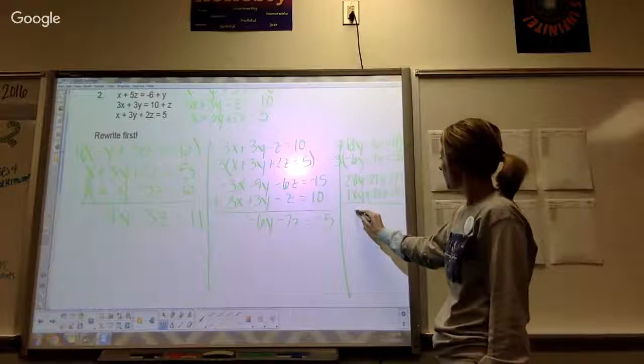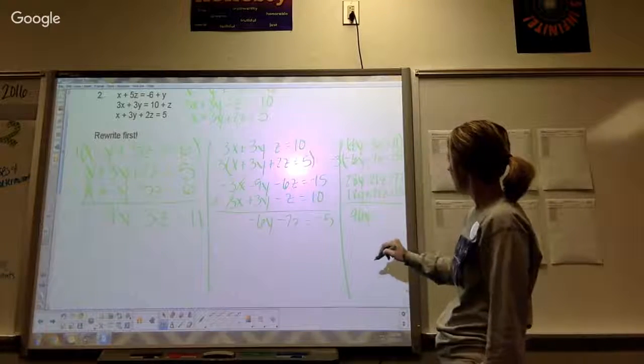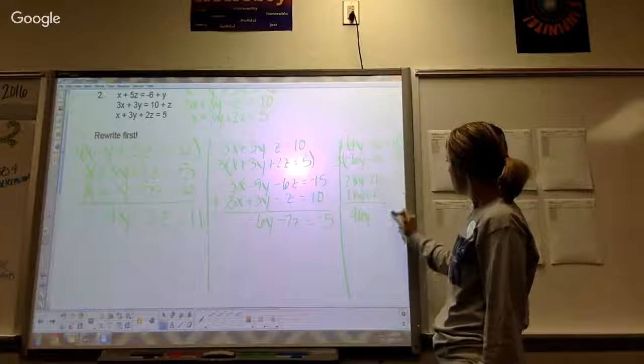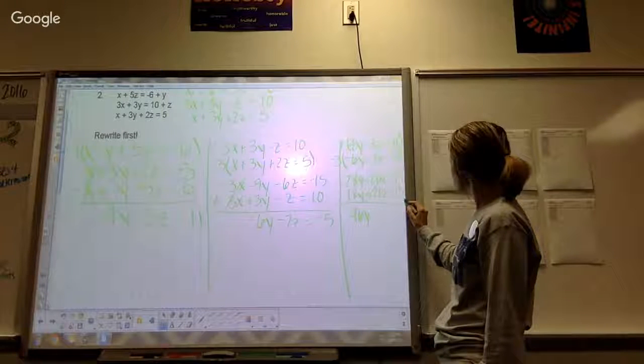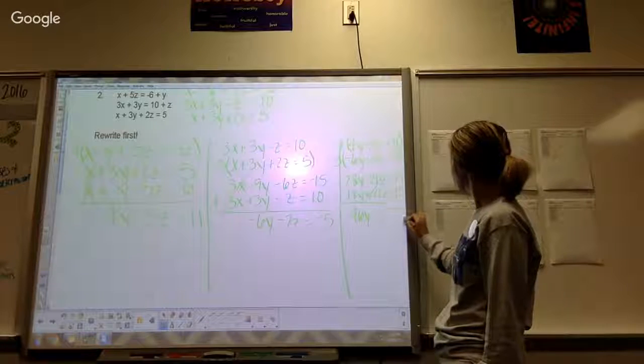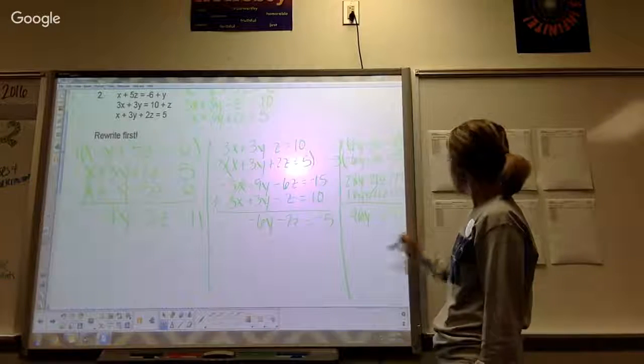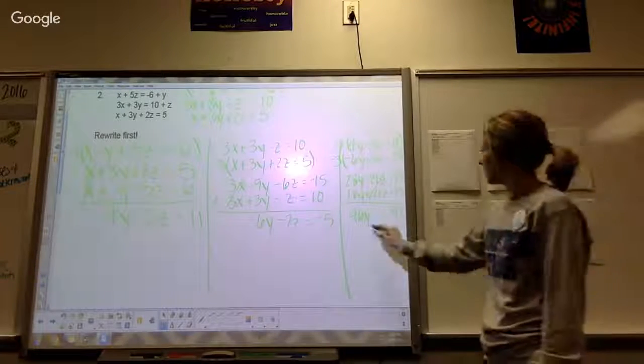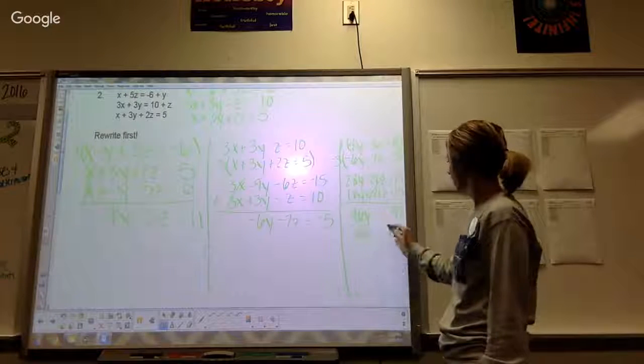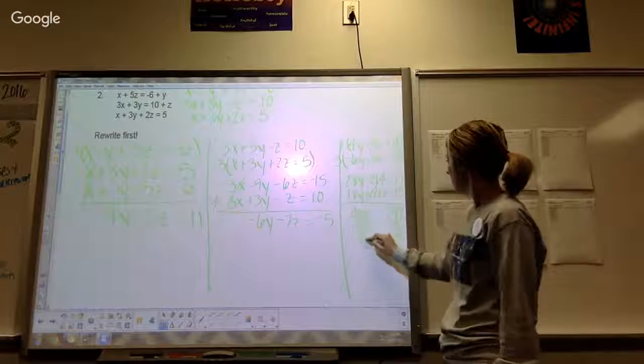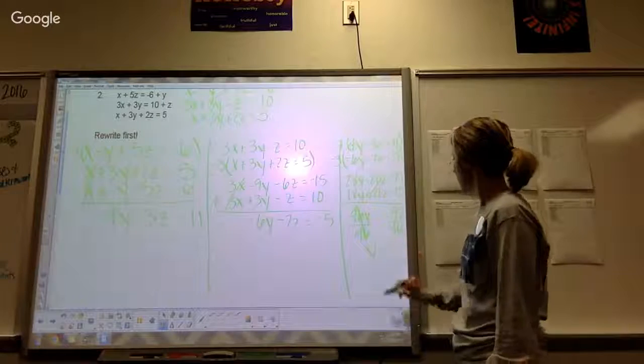So that would be 46y. Z's cancel equals 92. And then you can divide by 46. So y would equal 2.